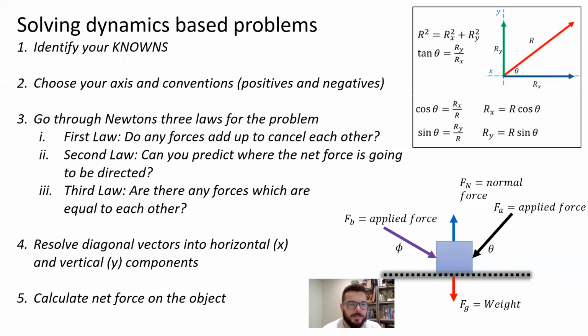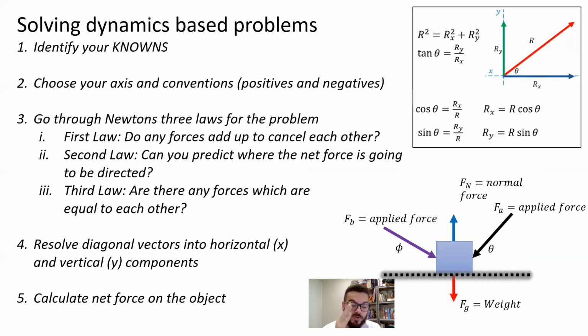Once you've done that, go through Newton's three laws and see if you can get a feel for the problem. So we'll start off with Newton's first law. Do they have multiple forces? Do some of these forces cancel out? Do the vertical forces cancel out?